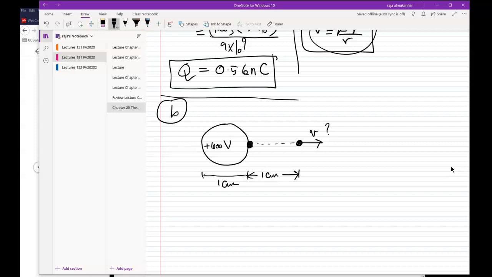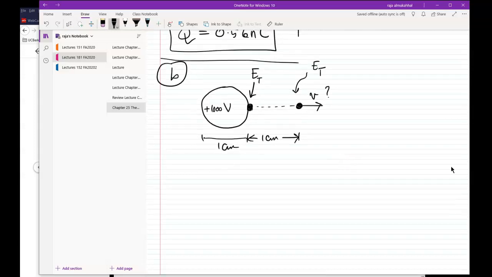How do we do it? Well, all we need to do is use conservation of energy. We ask the question, what is the total energy before I release the proton, and what is the total energy at 1 centimeter away? And then I just equate them together.